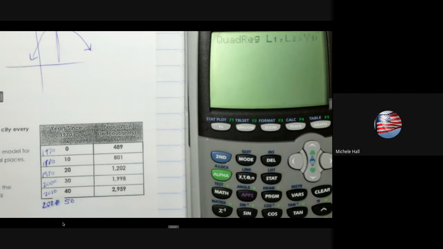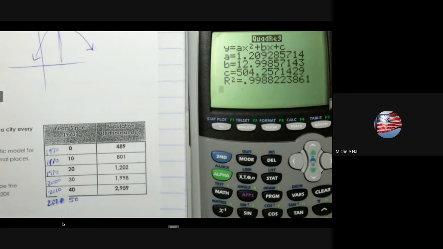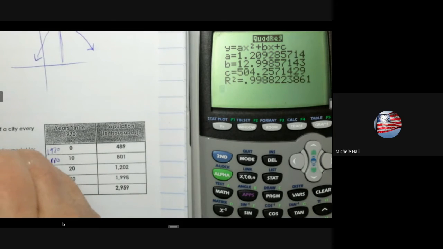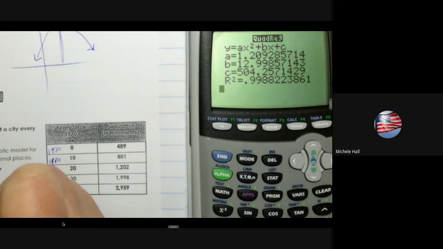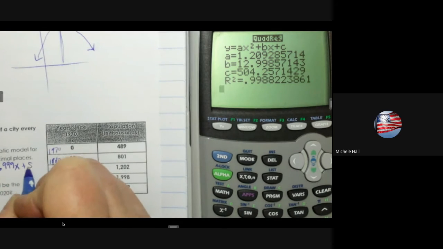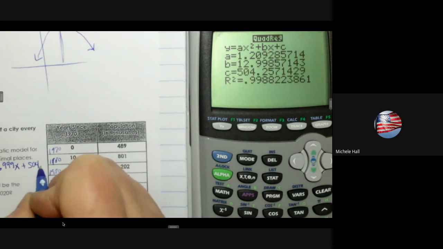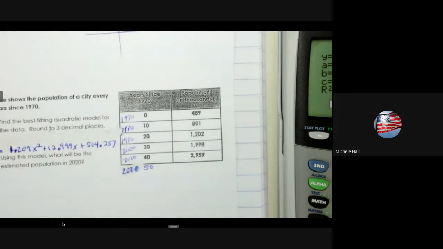Enter, enter, write down that equation. Y equals 1.209 x squared plus 12.999 x plus 504.257.